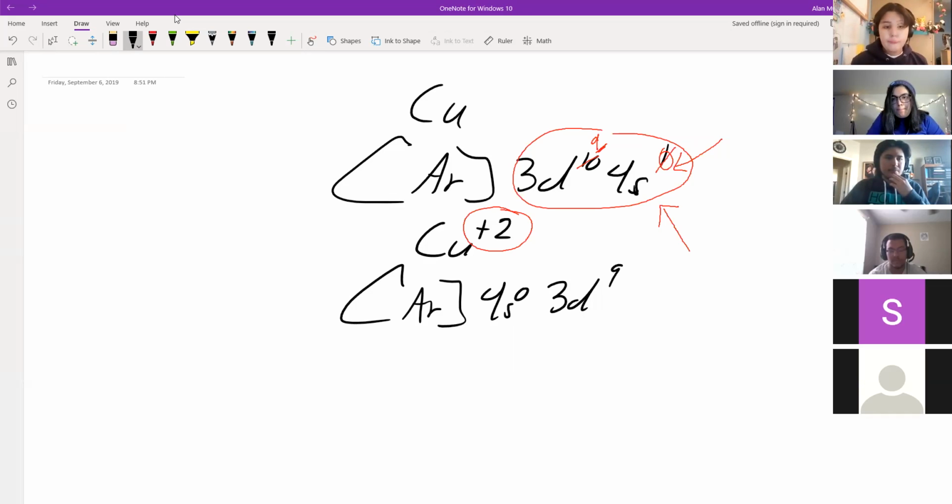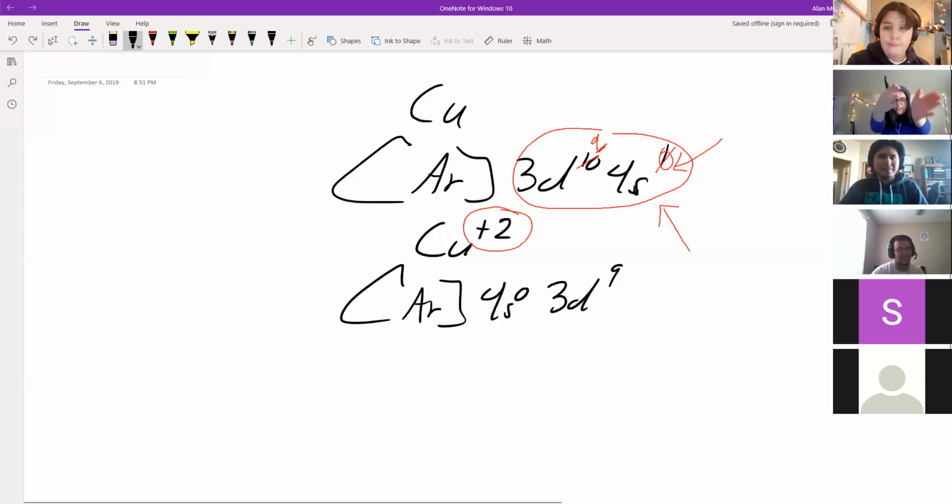And you always start with the highest energy level, like they were saying earlier. When you're cutting a cake, you're not going to cut your slice from the middle of the cake and go from there.